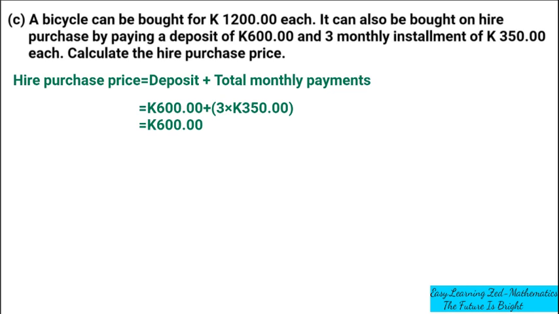Once we have done that, we need to add 600 plus 1,050 kwacha, which will give us 1,650 kwacha. Okay, so the hire purchase price of the bicycle is 1,650 kwacha.